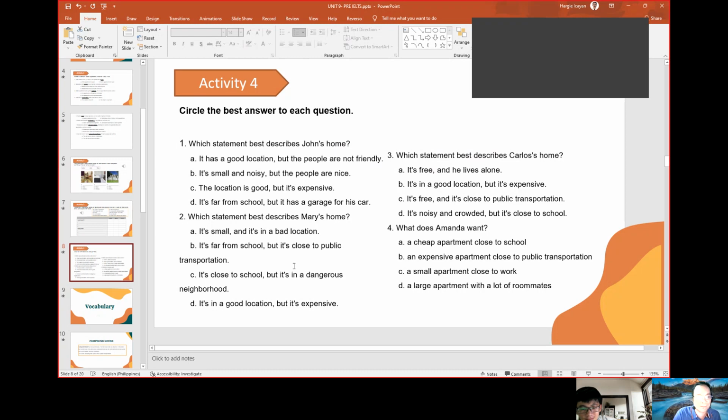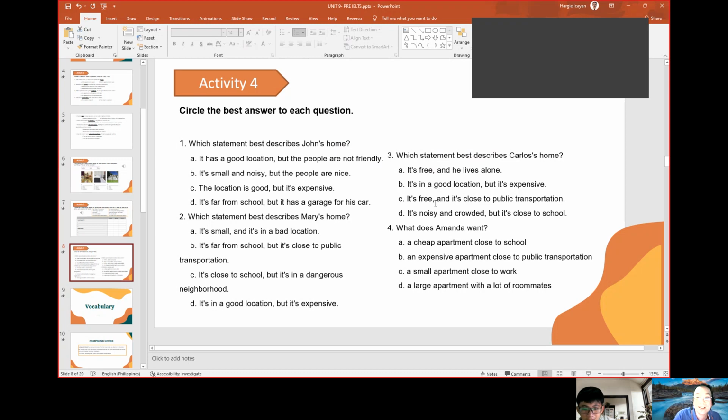The third one. Which statement best describes Carlos's home? It's free and it's close to public transportation. Again, it's free, close to public transportation. We do not use the but here.